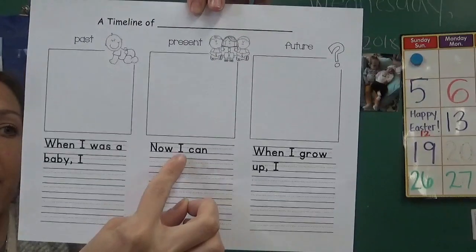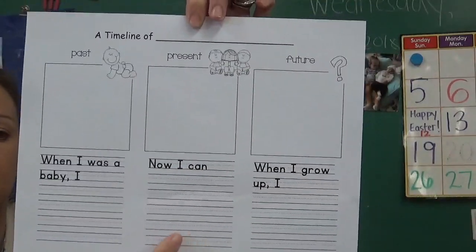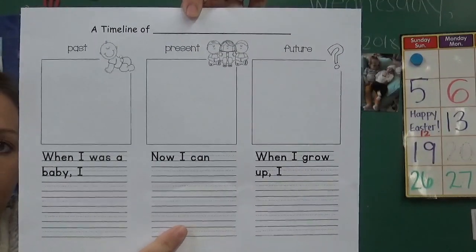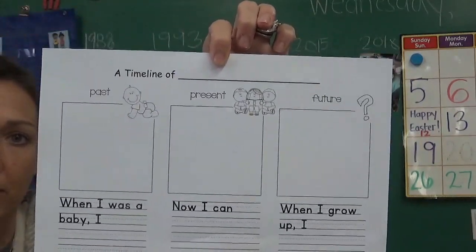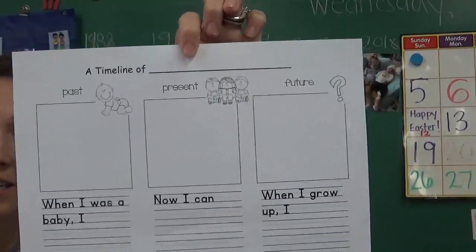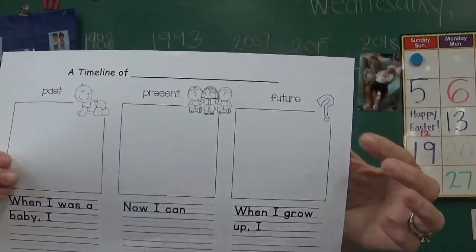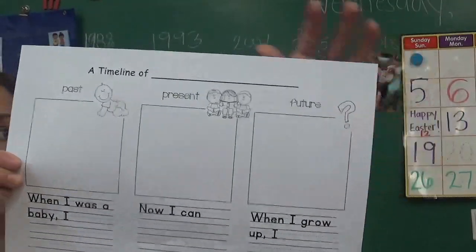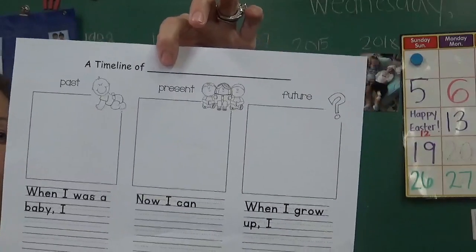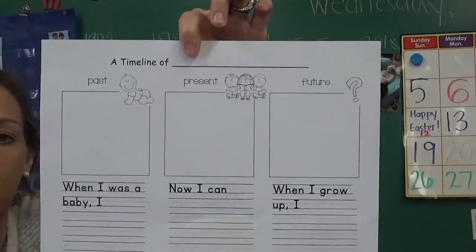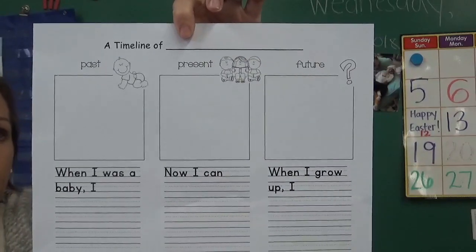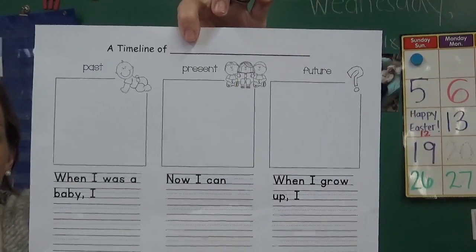So now what is something that you could do now as a kindergartner? So we have the words past, from long ago, present, now, and future. Future, when I grow up, so tell me something that you want to do in the future.